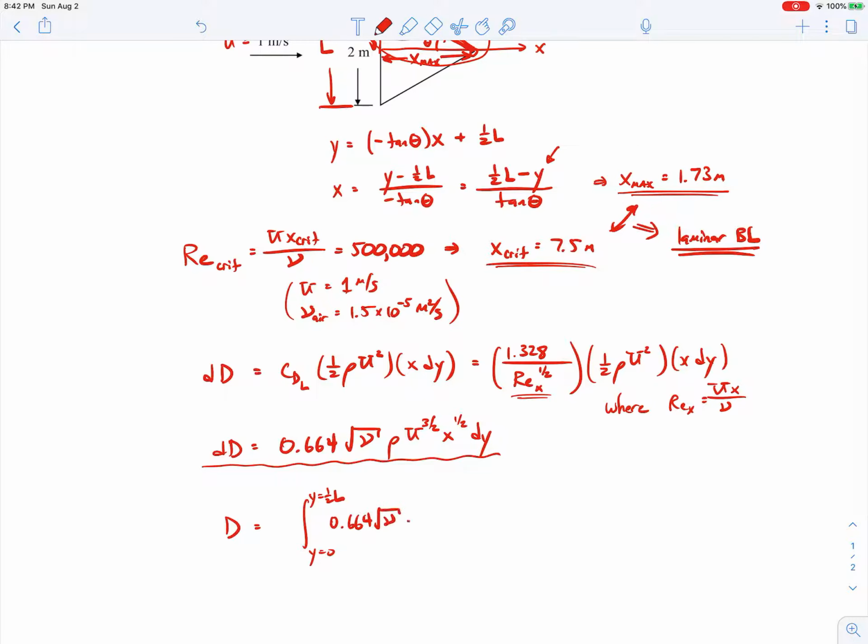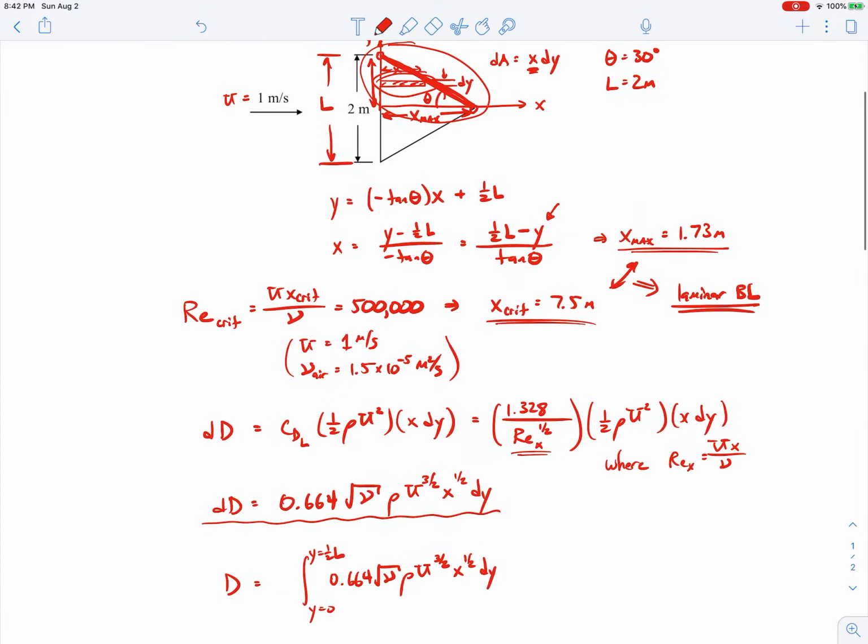Let me write that out. And that'll give me the drag on just this circled region up here, just the upper triangular plate.